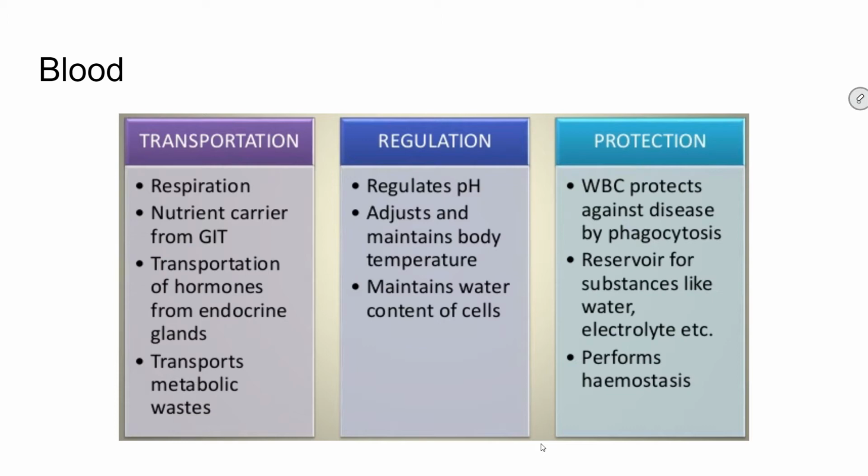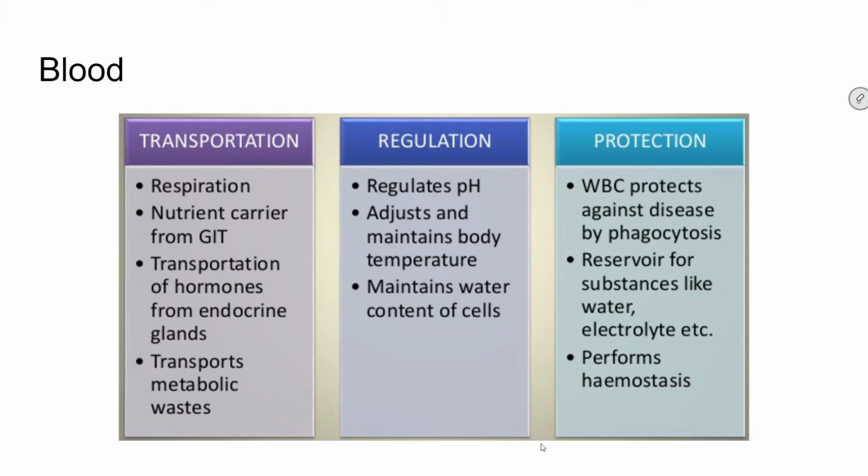Now, this is the best picture I could come up with, so I'm going to just kind of weed through it and help you understand what's going on here. So transport functions include respiration. So think about delivering oxygen and CO2, oxygen into the cells, CO2 out of the cells. Nutrients throughout the body too. That GIT is gastrointestinal tract. That's just from the digestive system.